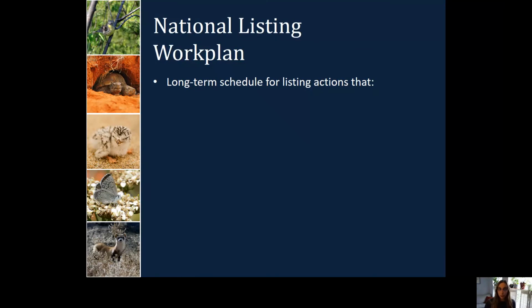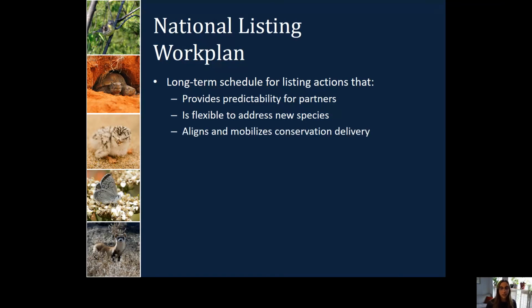Our National Listing Work Plan is our long-term schedule for listing actions, including petition findings, listing determinations, and critical habitat designations, and is based in part on a prioritization methodology we have for petition findings. This work plan provides predictability to states and other partners we work with on what actions we're doing and when. It's flexible to address new species whenever needed.